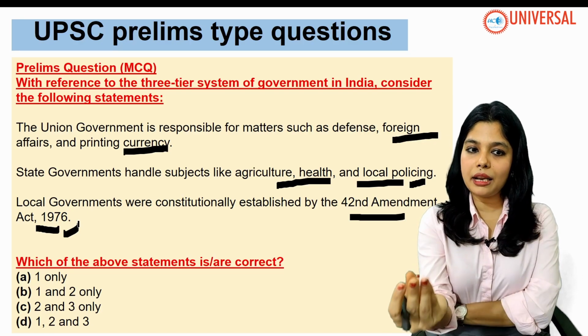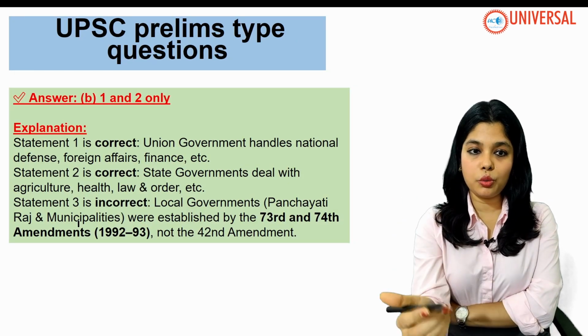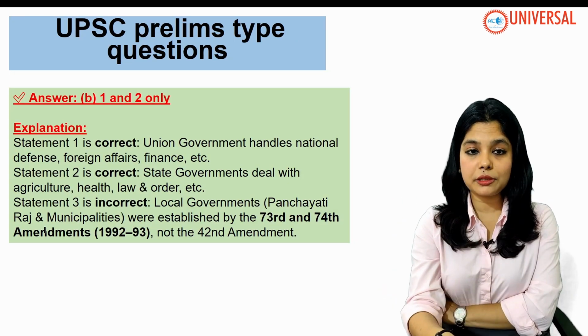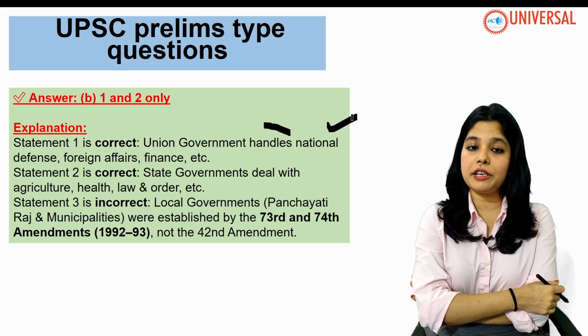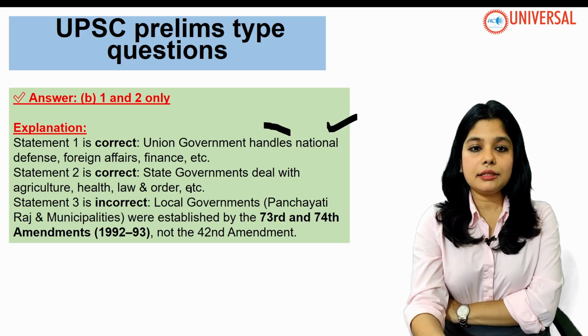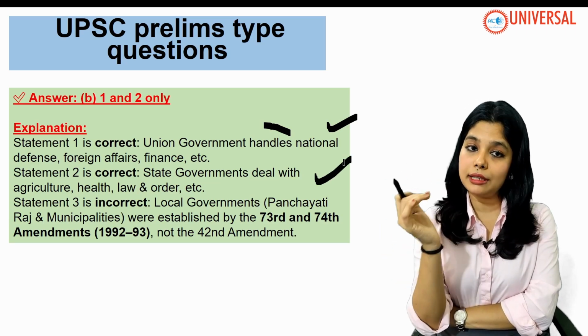So I think by now you might have read the question. Answer here is one or two only. Why? I will be giving the explanation. The union government handles national defense, foreign affairs, finances. That's correct. The state governments deal with agriculture, health, law and order. That is also correct.